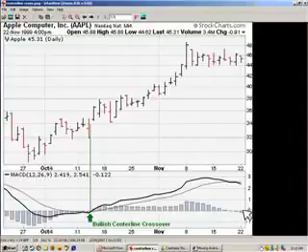Let's not forget that the MACD, as it crosses the zero line, is representative of the 12 EMA crossing the 26 EMA to the upside, though they're no longer plotted here on the chart. The opposite would be true on the top side.